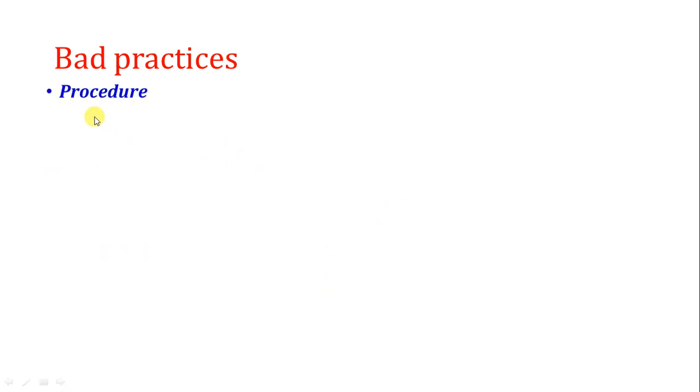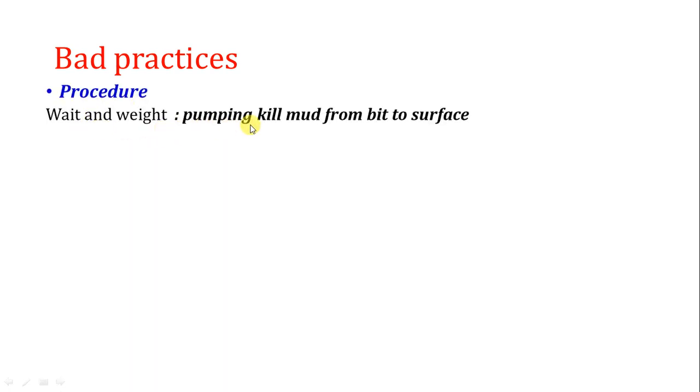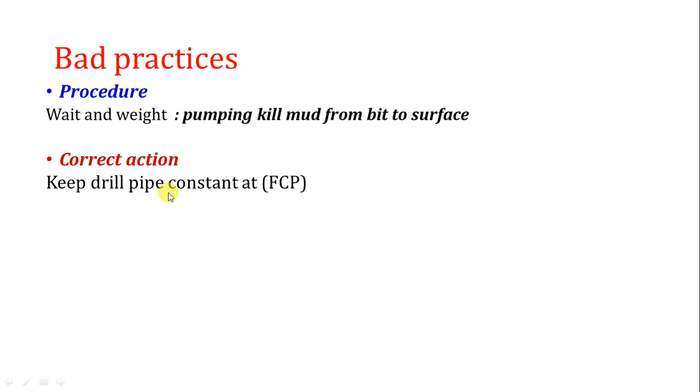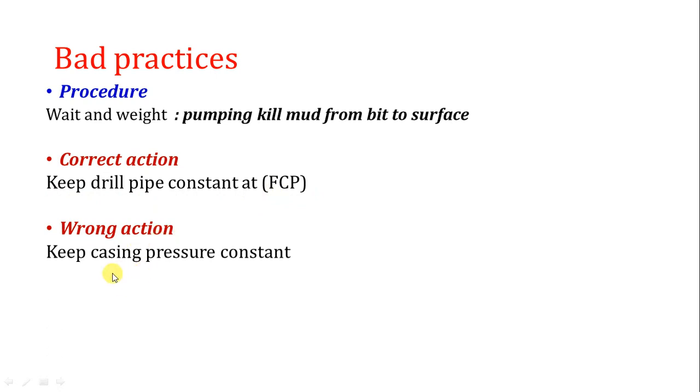Also, what about the wait and weight method, pumping kill mud from the bit to the surface? This is the same as what we have talked about in the driller method. You have to keep the drill pipe pressure constant at the FCP. But the wrong action is to keep casing pressure constant.